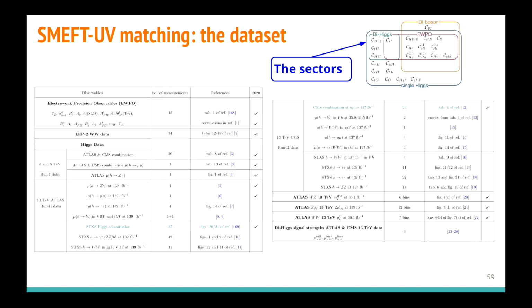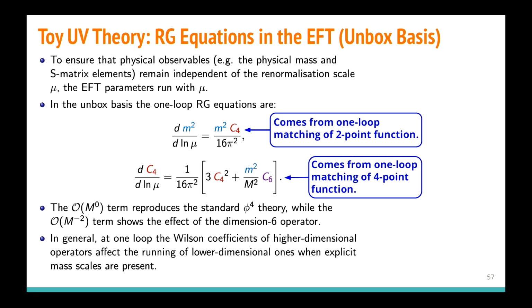So the matching condition is basically this. We take a UV theory of our choice and we take the EFT, which at a given order is specified. So it has a lower dimensional part of the Lagrangian plus the higher dimensional part of the Lagrangian.